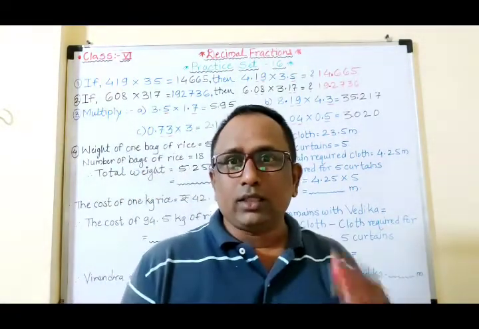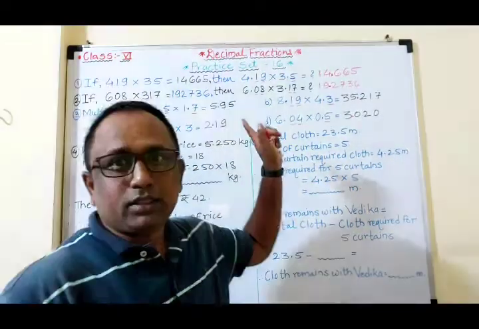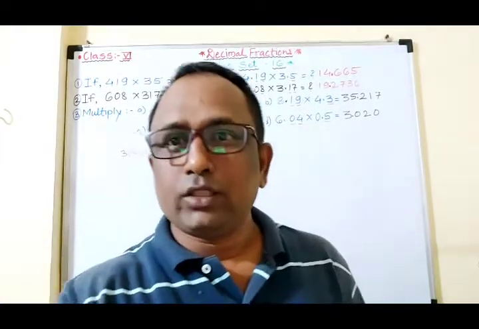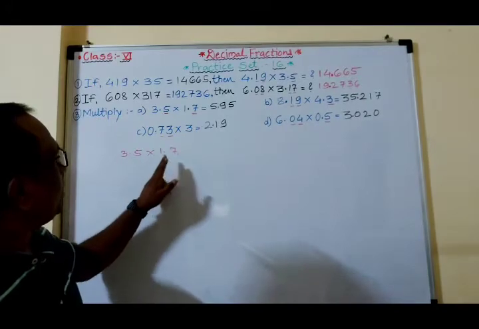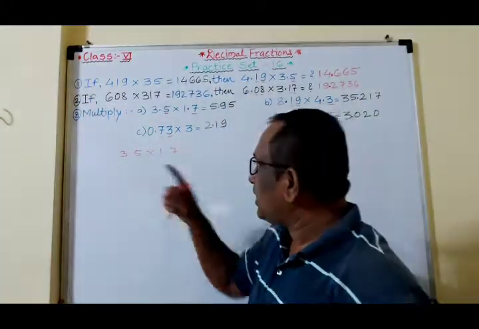Okay, now students, I told you, here is the second method. Let us see the second method, how to solve that. I wrote the first example, 3.5 multiplied by 1.7. Now here, students, these are decimal fractions.